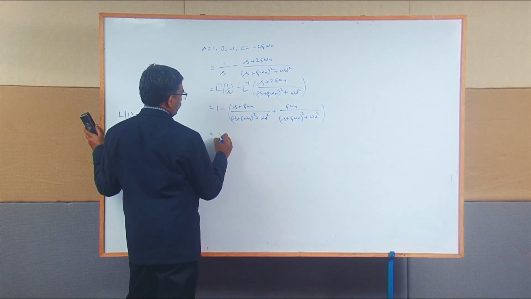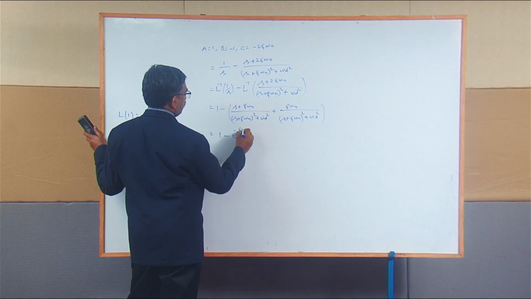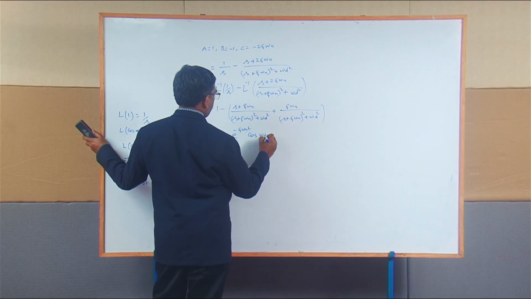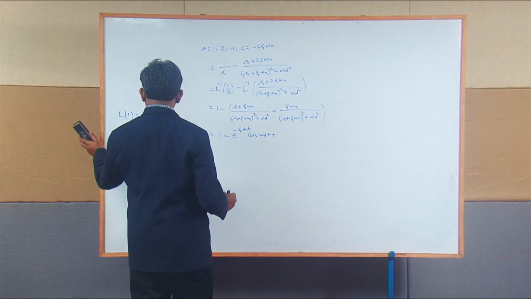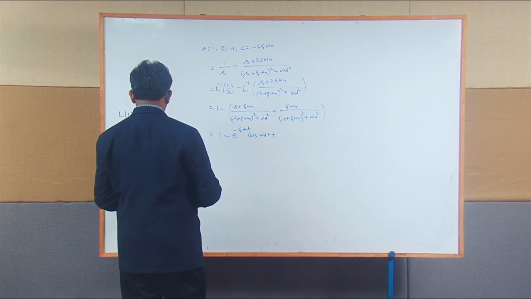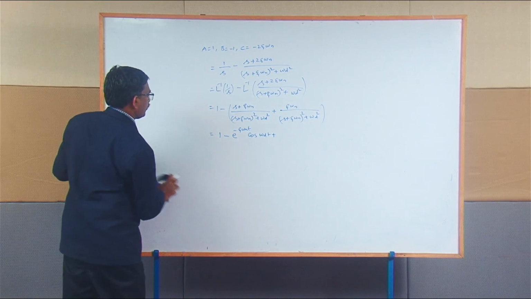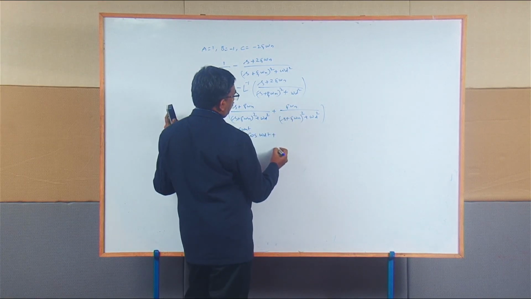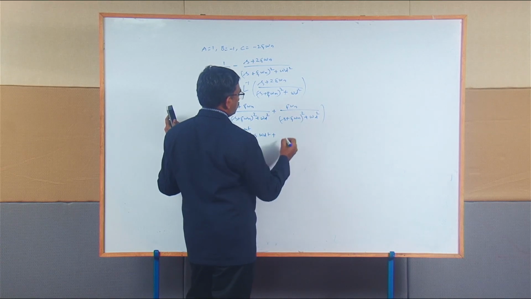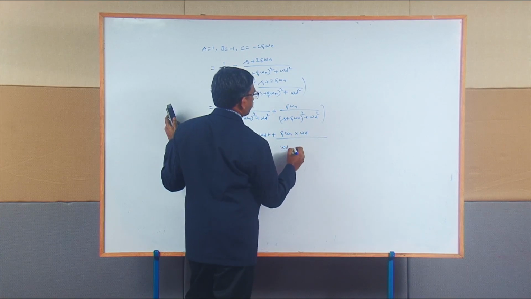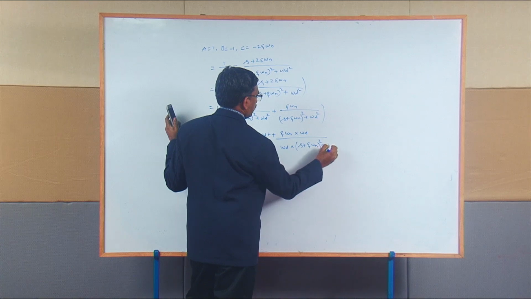So, it will be e power minus zeta omega n t cos omega d t plus, here we have b, it is omega d, so omega d has to come: zeta omega n into omega d divided by omega d into ((s plus zeta omega n) the whole square plus omega d square).